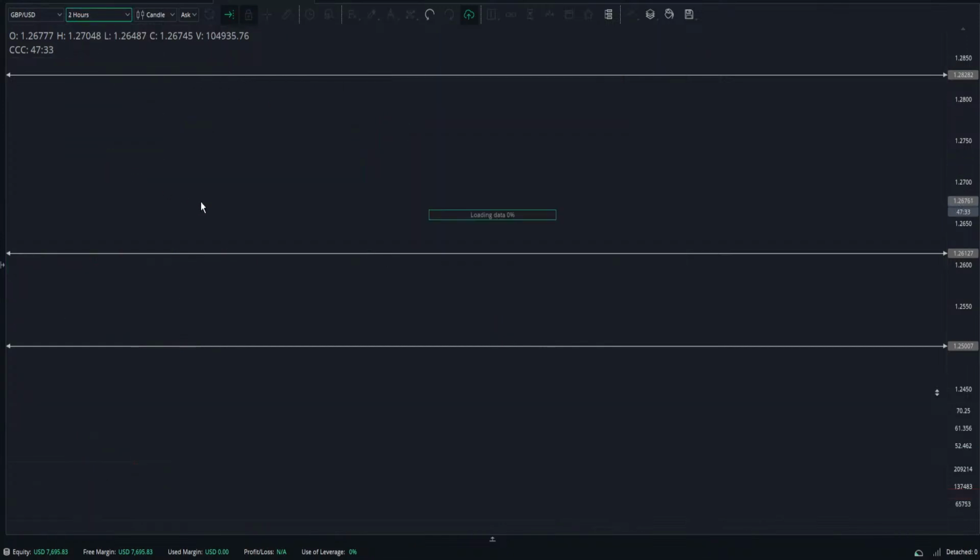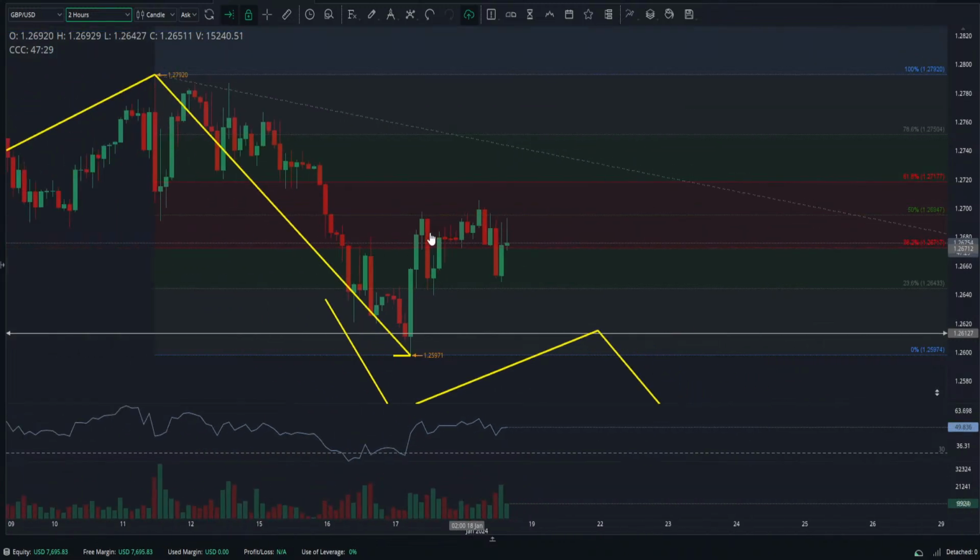And if you switch to 2 hour or maybe 4 hour, you will witness that something of similar nature is happening, because the price has broken higher on the 4 hour and is making higher highs and higher lows. I think it will reach for the 1.2720 area, which is an area of concern for us, where I think we should be looking for a selling opportunity. This is the area where I am looking for a selling opportunity.